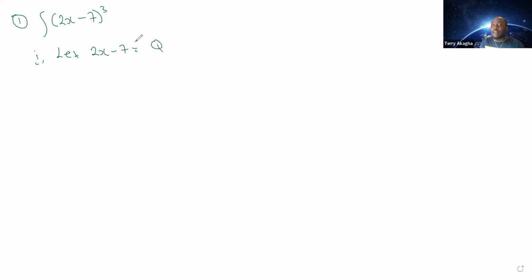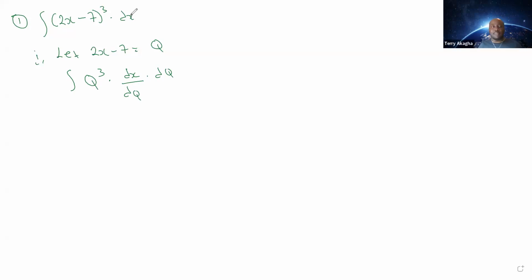So I've replaced the linear function with a letter, and all this is going to become q raised to the power of 3. Then you add dx over dq times dq, because it's q now. You can see that the dq and dq will cancel out and still give me back the dx. So technically I didn't do anything.